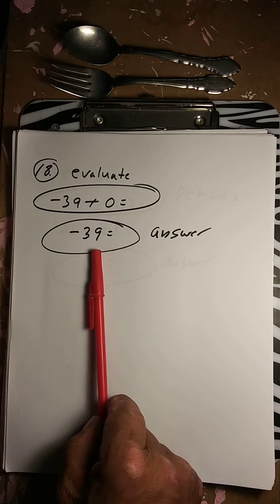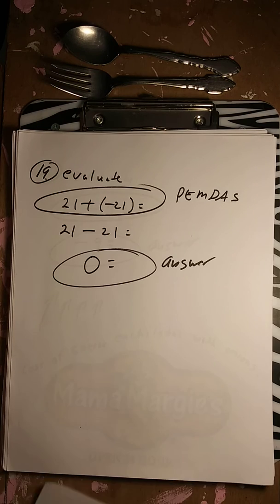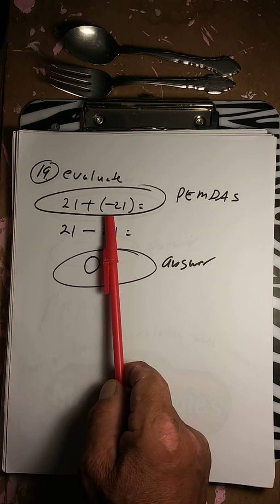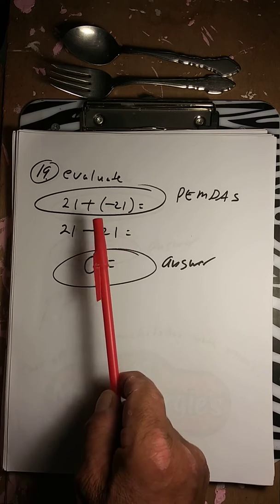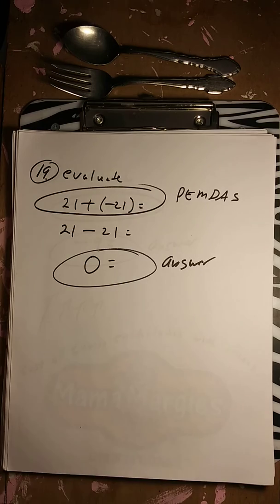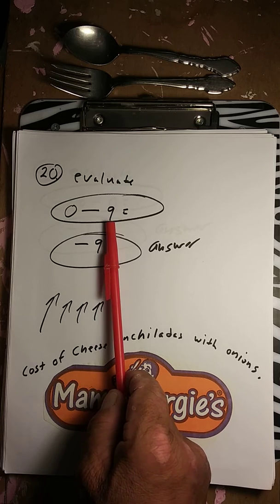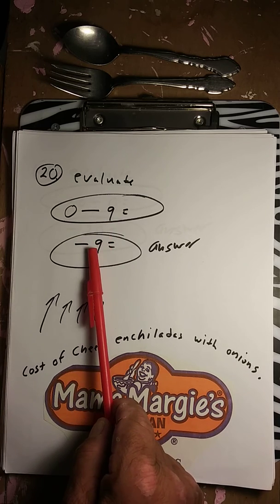Negative 39. Evaluate this. We have 21 plus parentheses negative 21. Positive of a negative is a negative. 21 minus 21 is 0. Evaluate this. 0 minus 9 is going to be a negative 9.